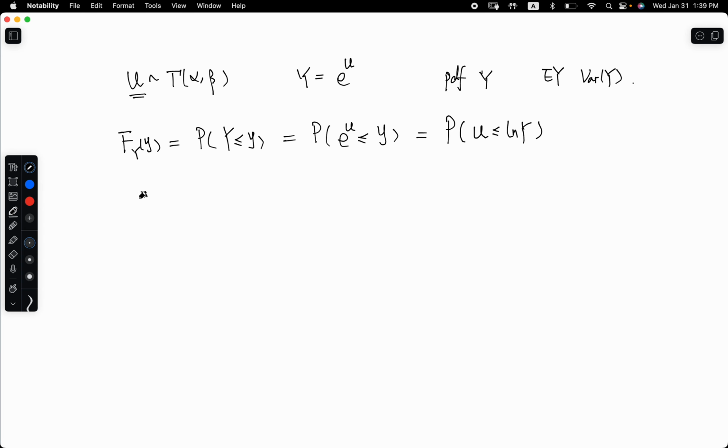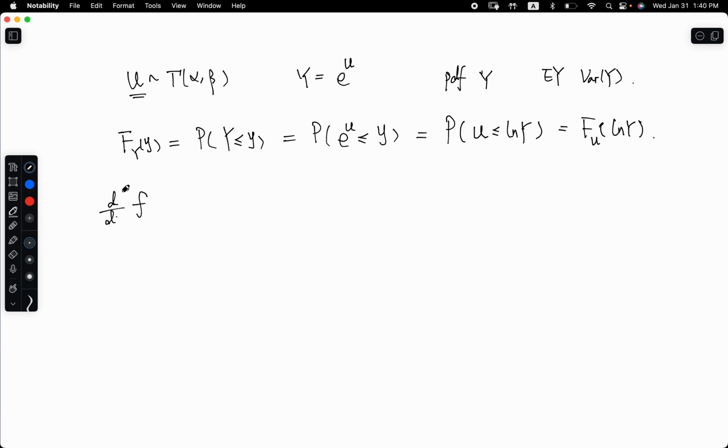And now we are going to take the derivative. Maybe I can just write one more equation here. So here we transfer from the CDF of Y back to the CDF of U, but we need to evaluate at this particular number.